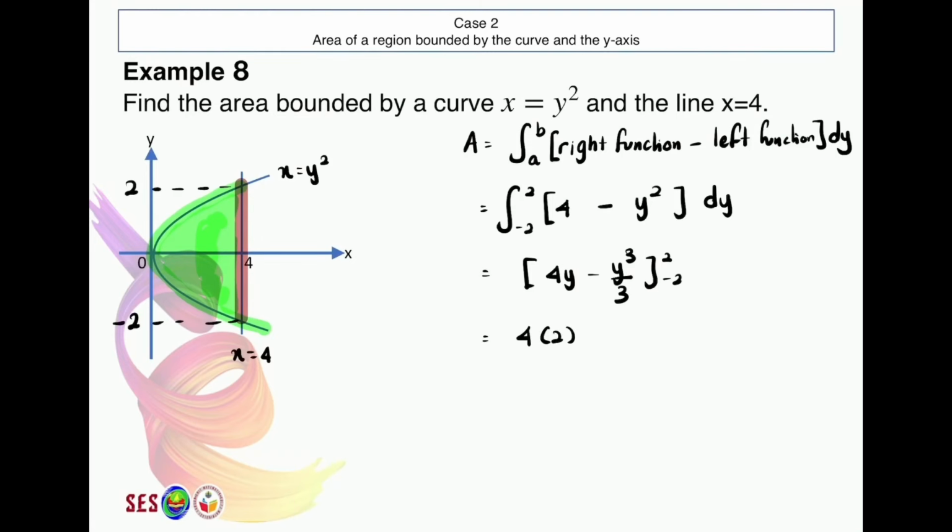Substitute 2, minus substitute negative 2. So in the first bracket, you'll be getting 16 over 3.